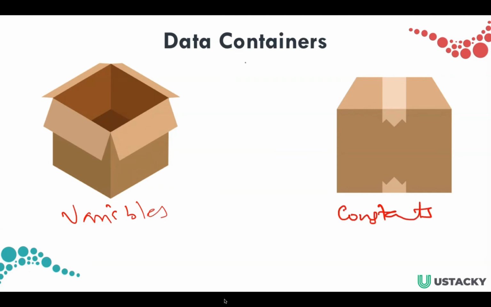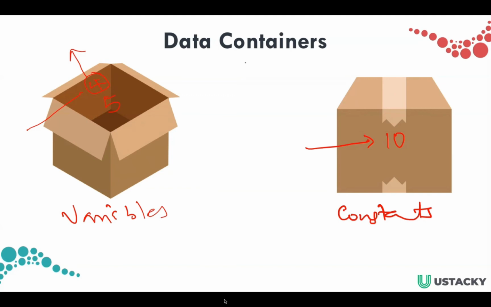For the open box, we can easily put a value here, maybe a data of value 4, and later in the future, you can remove this value and assign another value 5 because this container is open. This container is a variable. In the case of a constant, once a value has been attached to it, maybe like 10, there is no way you can remove this value and there is no way you can append any other value to it again.